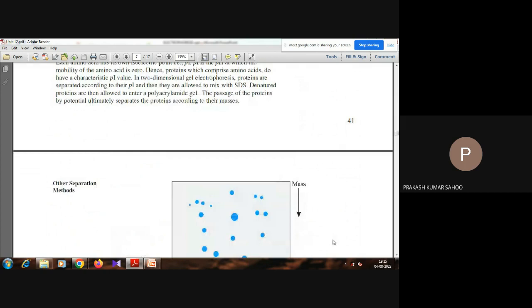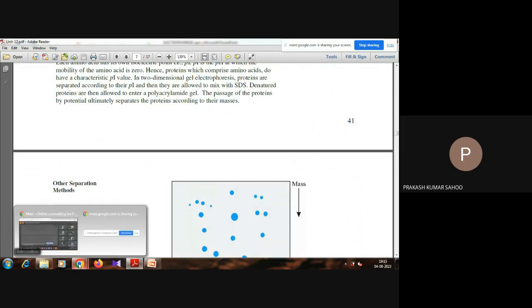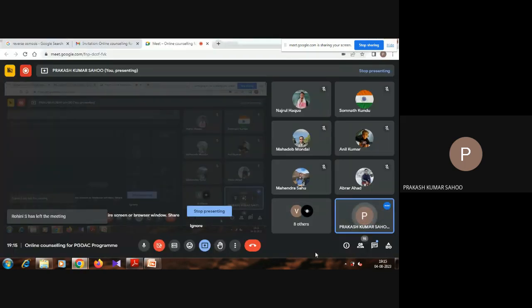And at the end we have 10 to 15 minutes left for some discussion of this paper, and I hope we are able to touch every aspect of your second paper of your PGDSC program. Actually, lots of things are there in a single unit, and the IGNOU course is so vast that it cannot be covered within 1 hour.